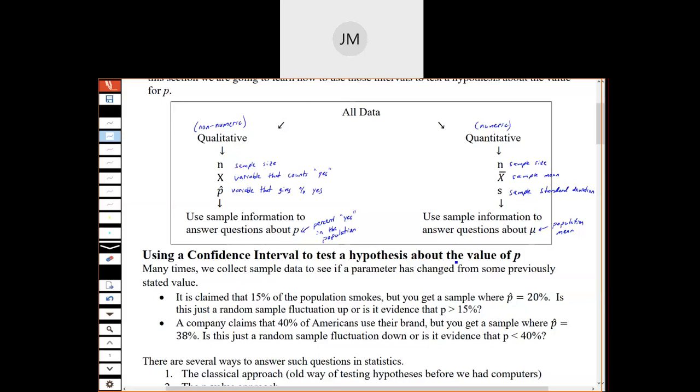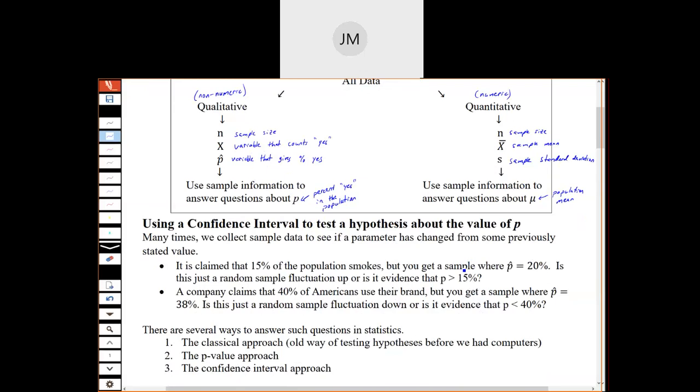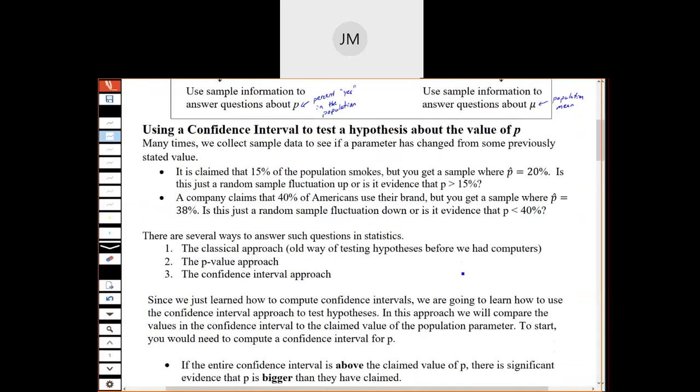The only way to get to know it would be to do a complete census, right? To ask everybody the question. And in reality, even that doesn't tell you everybody's response. What we do is we say this is a number that exists and we would like to know it, so we want to get the best chance that we can at knowing what it is. All right, so we'll look at an example and I'll talk about that more.